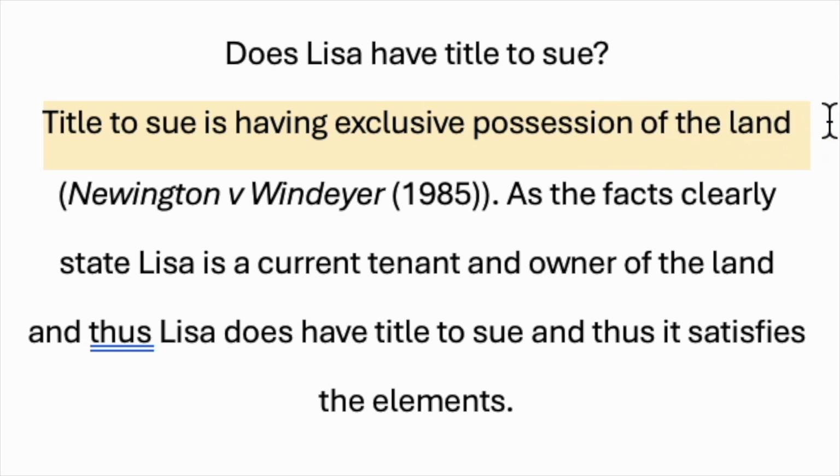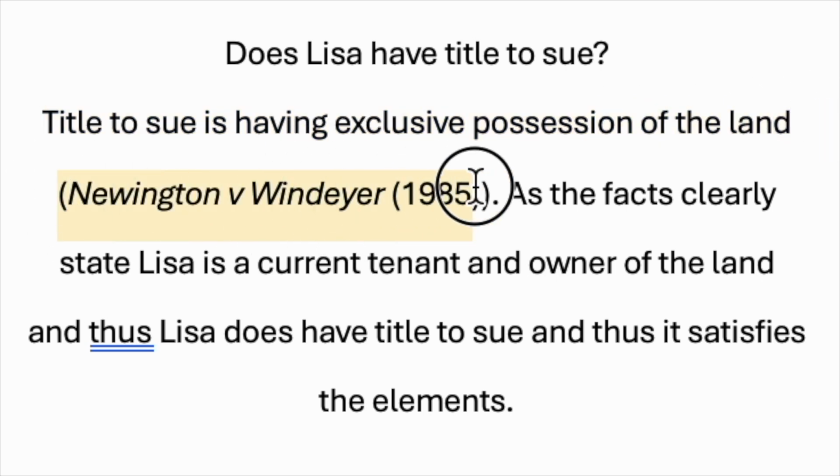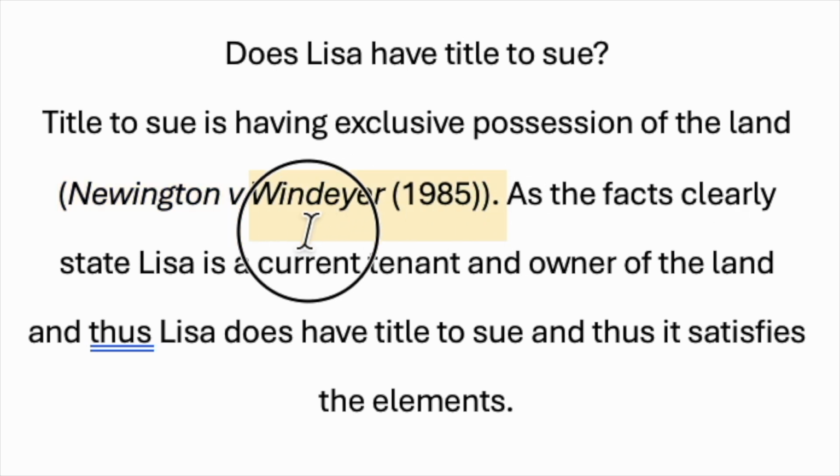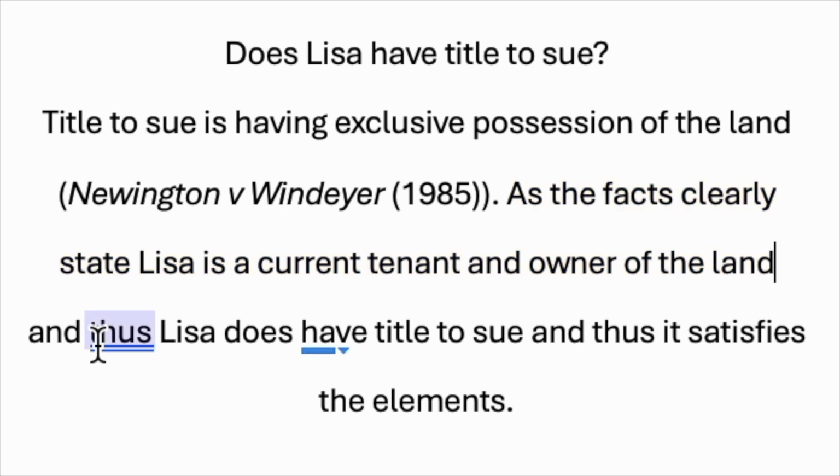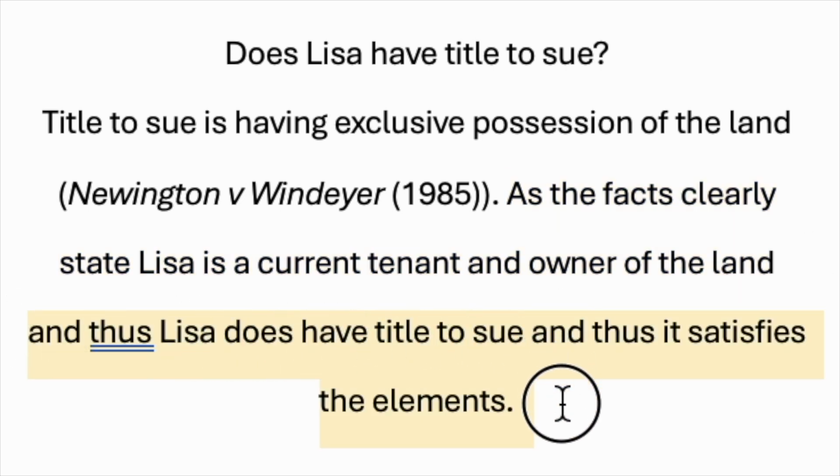State the law. I then say in brackets, Newington v. Windyer, 1985. That's my authority. I then state, as the facts clearly state, Lisa is a current tenant and owner of the land. That is my application. Thus, Lisa does have title to sue, and thus the element is satisfied. That is my conclusion. I've written that all in 2 sentences. That is what you do with ISAACS.